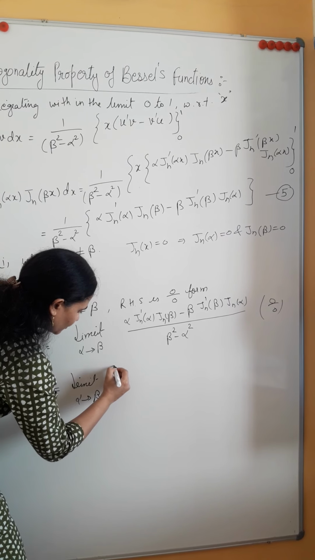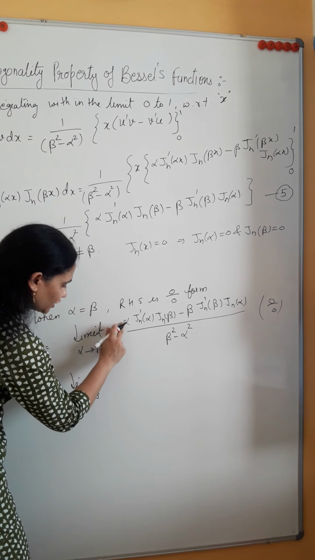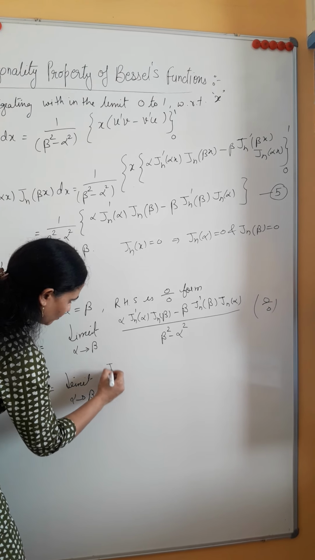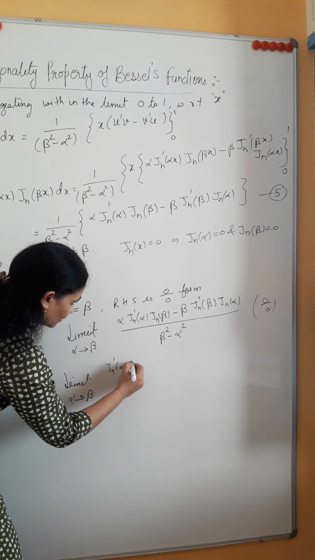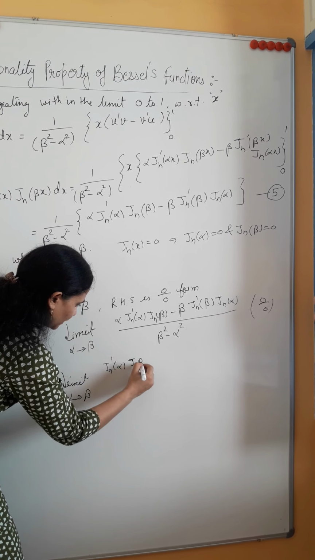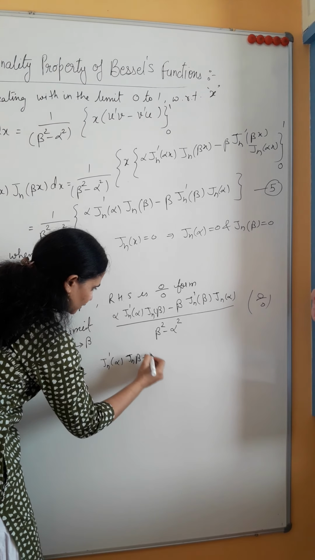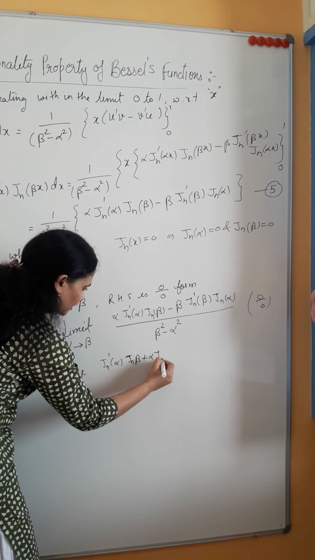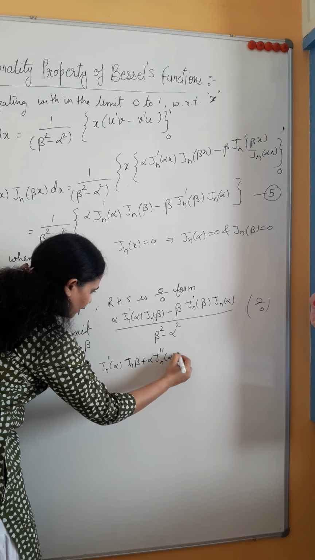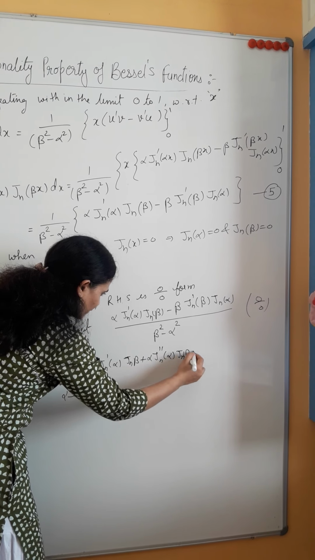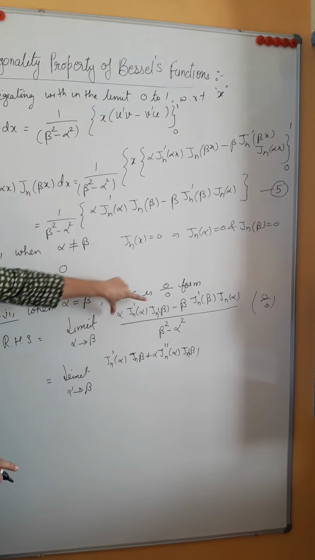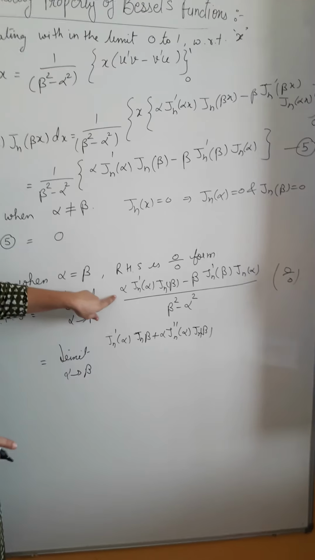So alpha by products, if I differentiate, differentiation of alpha is 1. So I am getting Jn dash alpha Jn beta plus differentiation of Jn dash alpha would be alpha Jn double dash alpha and Jn beta. So this is the differentiation of the first term with respect to alpha.